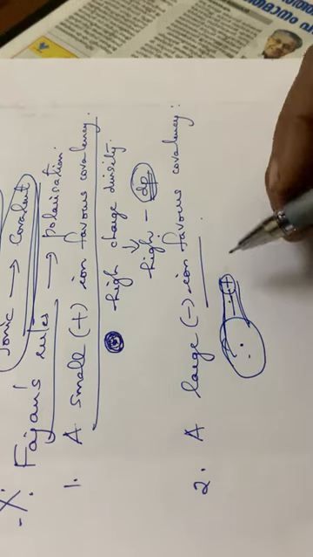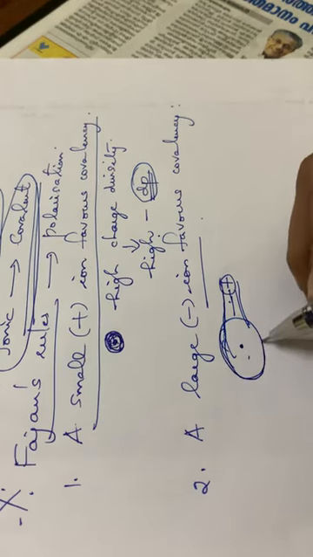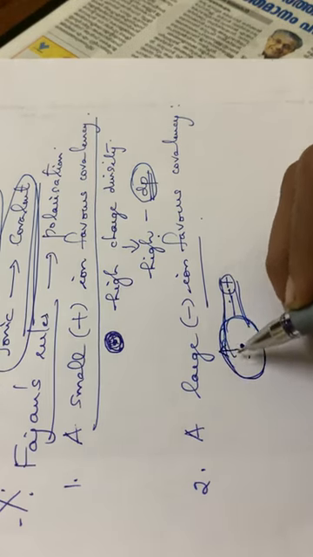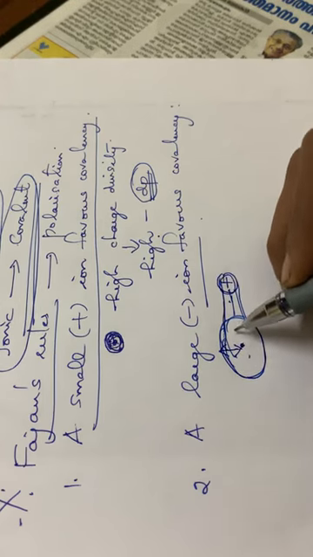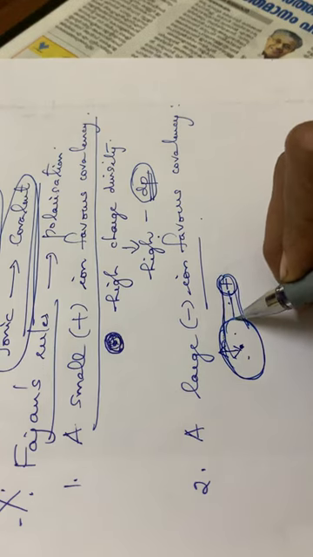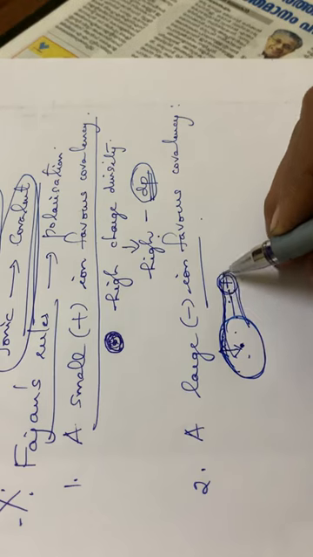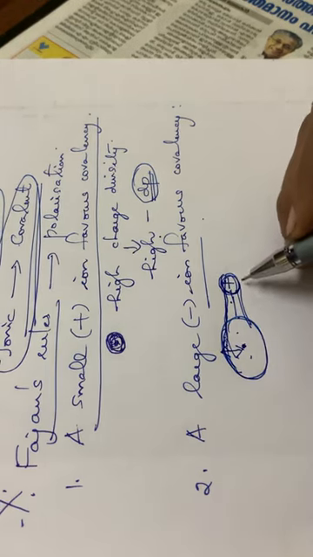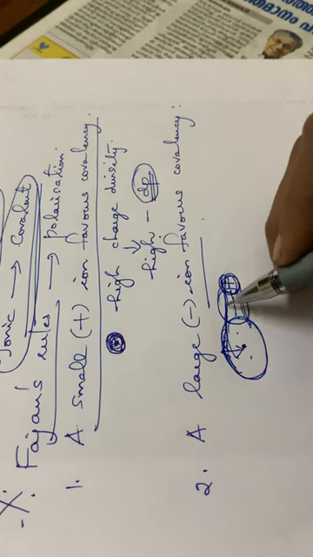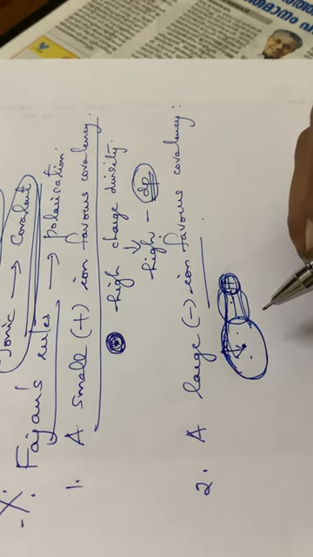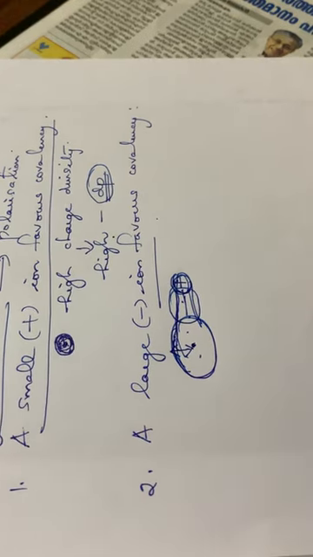The electron cloud will move away from the nucleus. Also, since it is a bigger ion, the attraction between the nucleus and the outermost electrons will not be so high. So while a positive ion is attacking this larger anion, the electron cloud will move towards the smaller cation. So the electron density will be increased between them, and as a result, covalency will be developed here. So that is the second point: a large negative ion favors covalency.